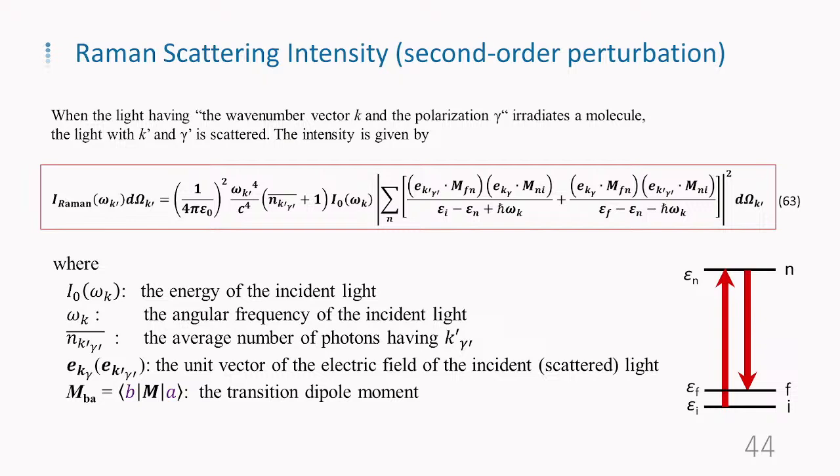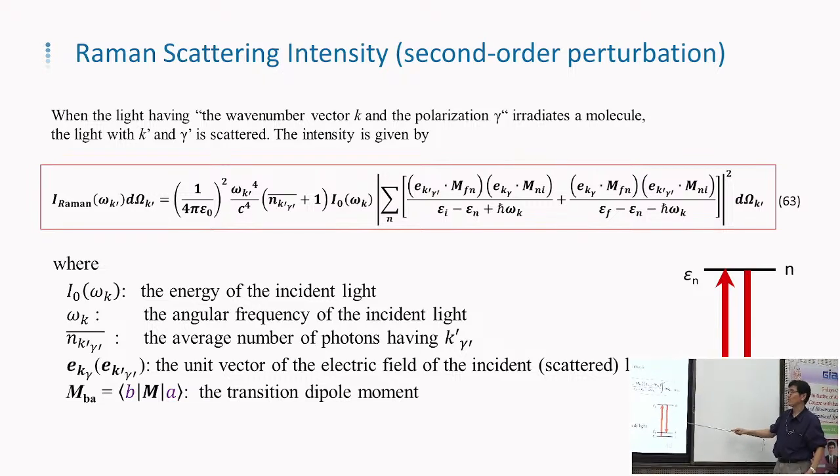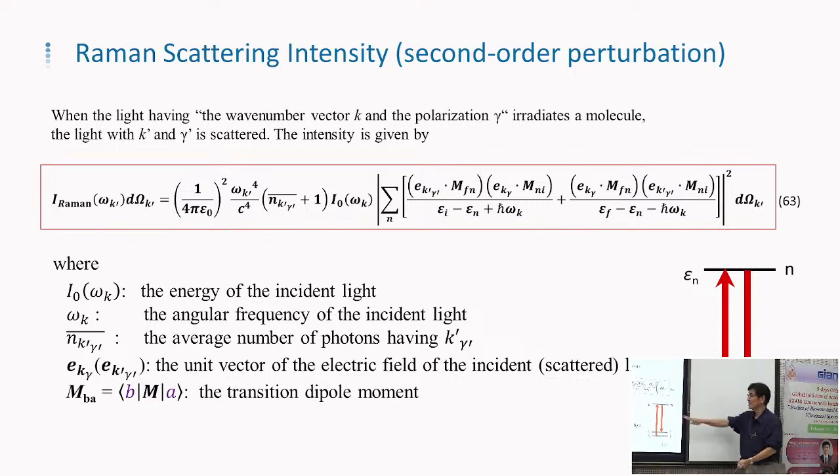So the Raman intensity has a non-zero value when the transition moment from I to N, M_NI, and the transition moment from N to F, M_FN, are both non-zero. The transitions should be allowed. If this is a forbidden transition, intensity does not appear.